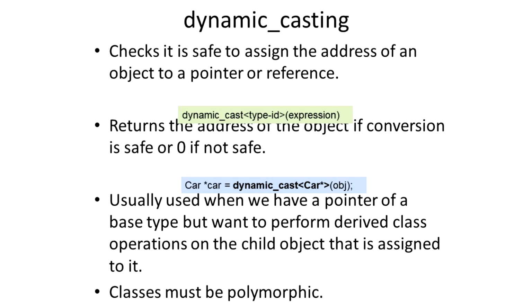Here, in this case, it's a car pointer in between the angle brackets. That implies that we want to be able to store a pointer to an object of car type, or an address of car type. And within the parentheses here, outside of the angle brackets, is the type that we're casting from. So the from type, which in this case is an object.